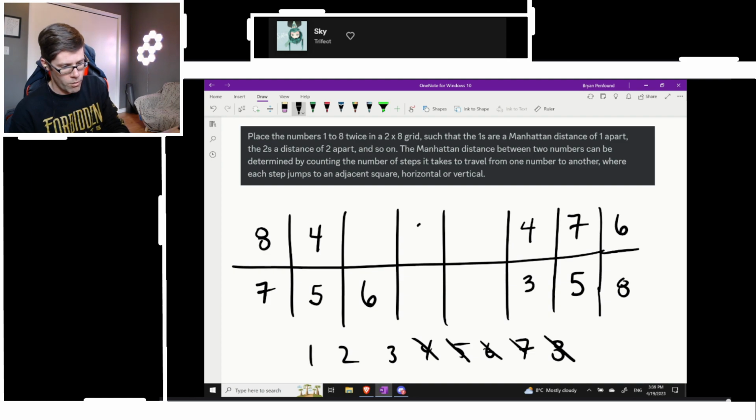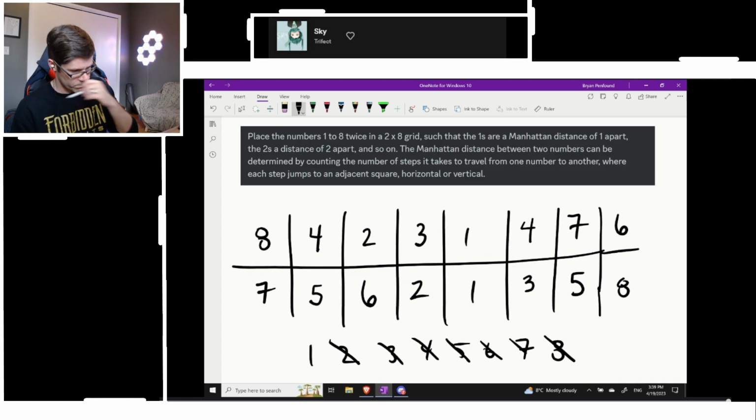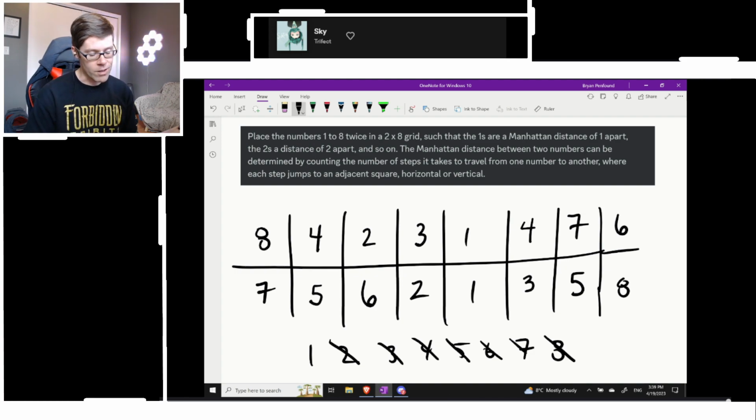One, 2, 3. So that should be a potential grid. I don't know how many of them exist, or if there's a way to figure out how many grids could exist for 2 by n.